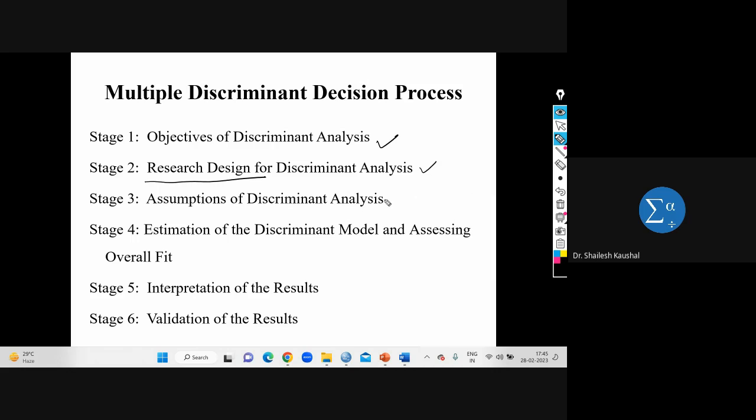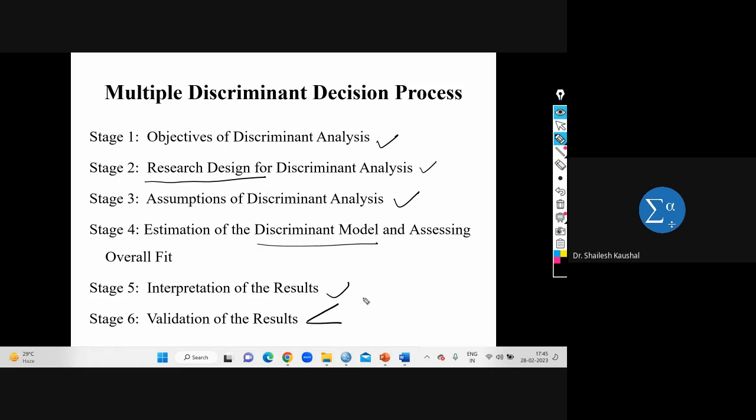Then assumptions of discriminant analysis. I told you every statistical tool and technique has its own assumptions. So before applying the linear discriminant analysis or multiple discriminant analysis, we should check the assumptions, then estimate the discriminant model and overall fitting, then interpretation of results, and then validation of results.